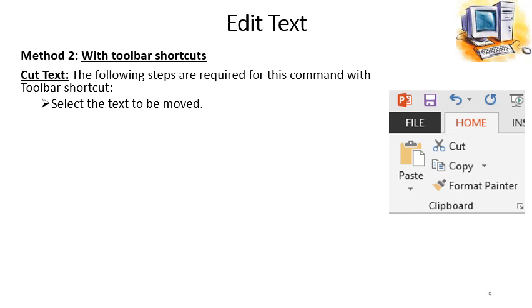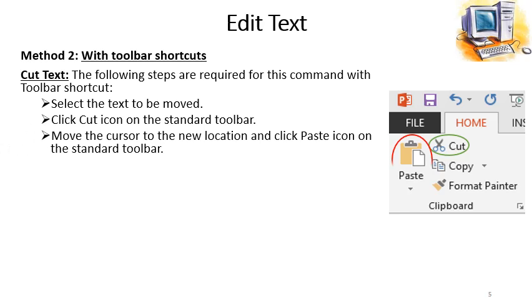Select the text to be moved, then click the cut icon on the standard toolbar, and then move the cursor to the new location and click the paste icon on the standard toolbar. So you can also do it this way: instead of using any shortcut keys or going through the options, we can just click on the icons used for these commands and perform the cut or move operation.